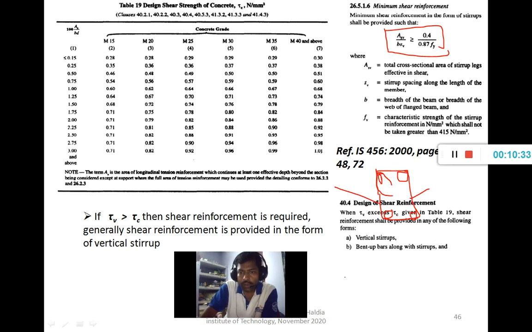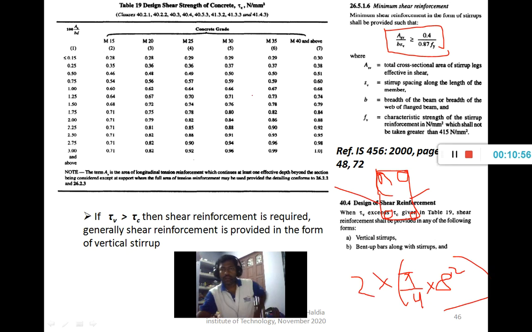So the Asv is how much? The area of two legs means 2 into pi by 4 into 8 square. Okay. And the Sv is the spacing of the stirrups.